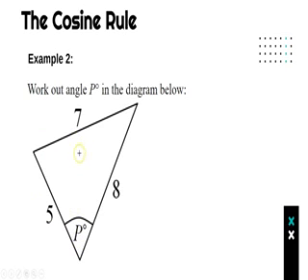So we can see that angle P is the corresponding angle of the side with the measurement of 7. So we just apply the cosine rule formula in order to find the angle P. We just manipulate the formula a bit to suit what you are required to find. So on the next slide, I will demonstrate how to calculate the required parameter.